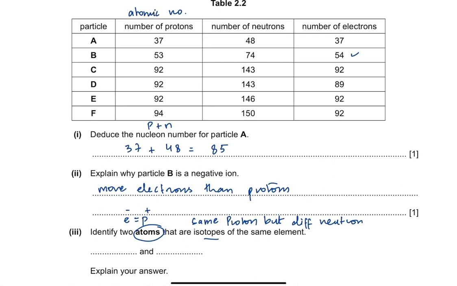I do not want a charge, because if there's an electronic charge on them, they won't be called atoms, right? Atoms have to have same electron and proton. Otherwise, they would be ions. So out of C, D, and E, I can see that the electrons are same in C for cat and E for elephant. So C and E are my answer. D is an ion.